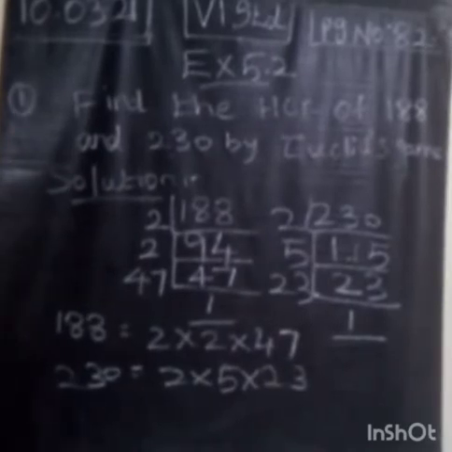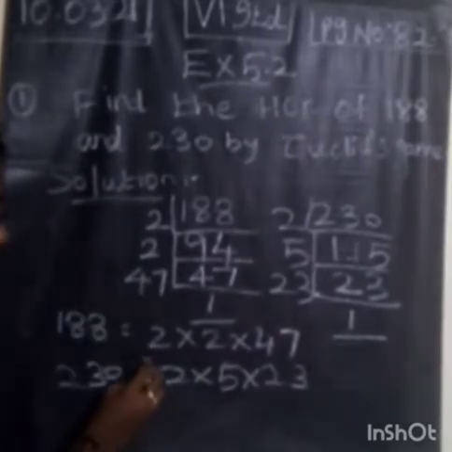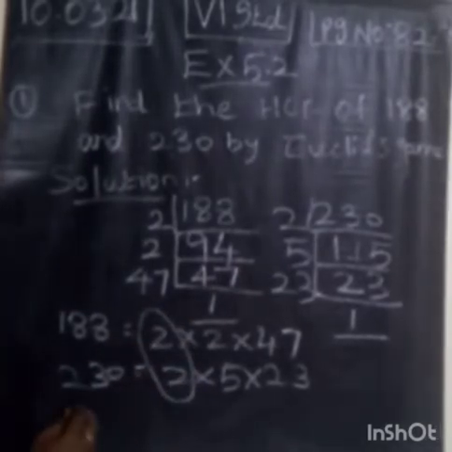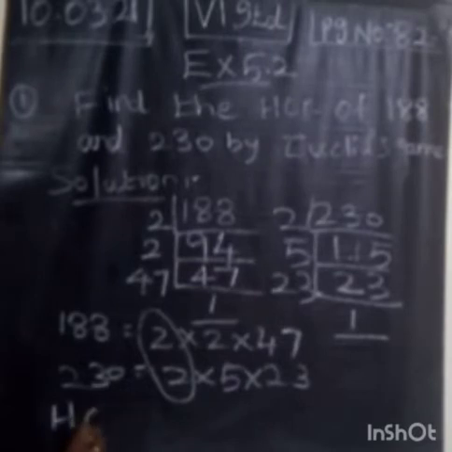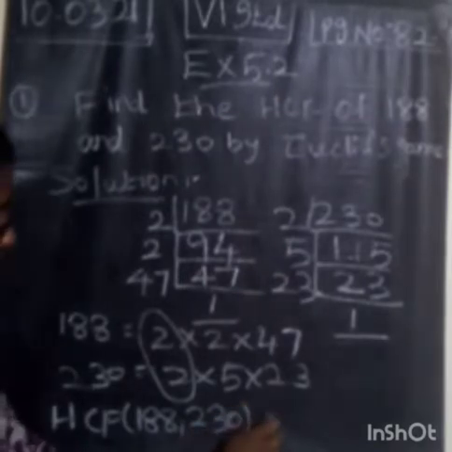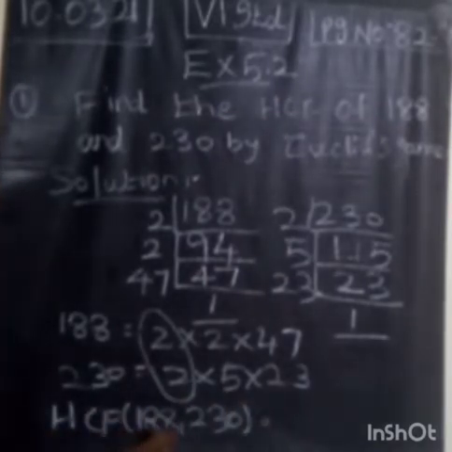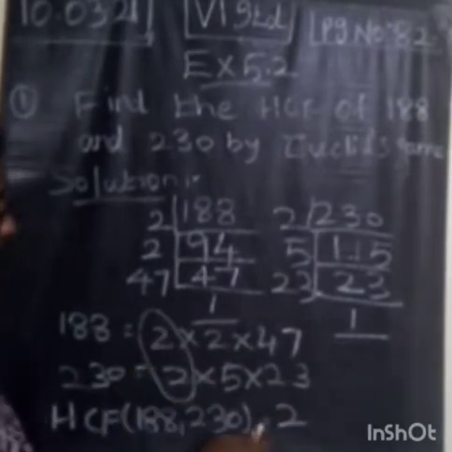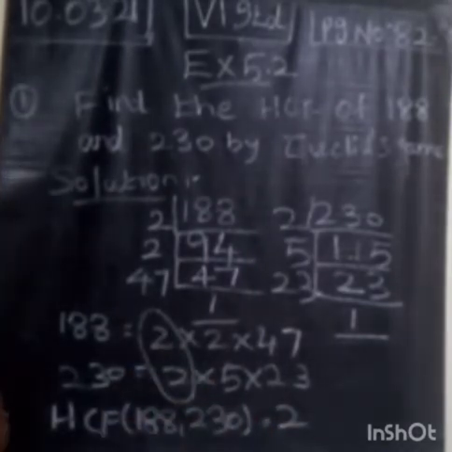The common factor is 2. So HCF of 188 comma 230 equals 2.